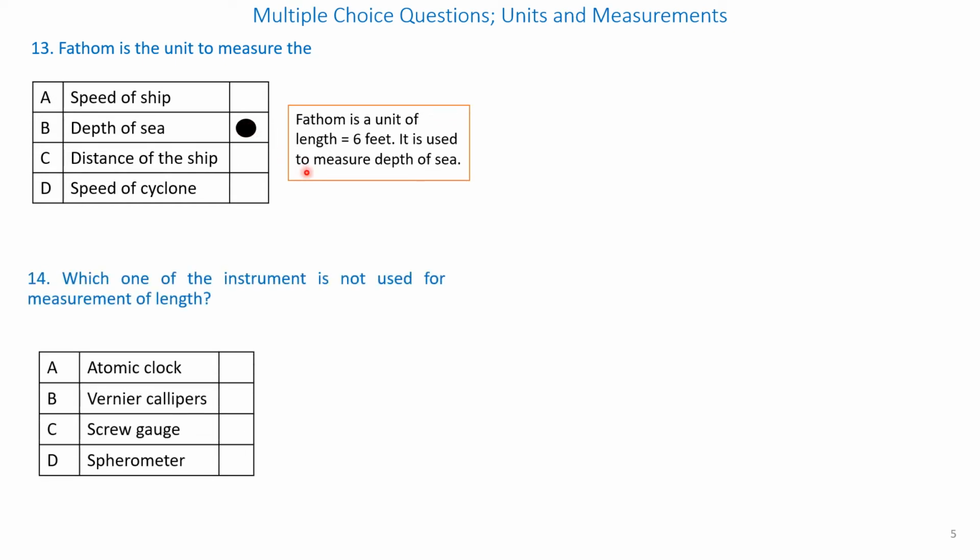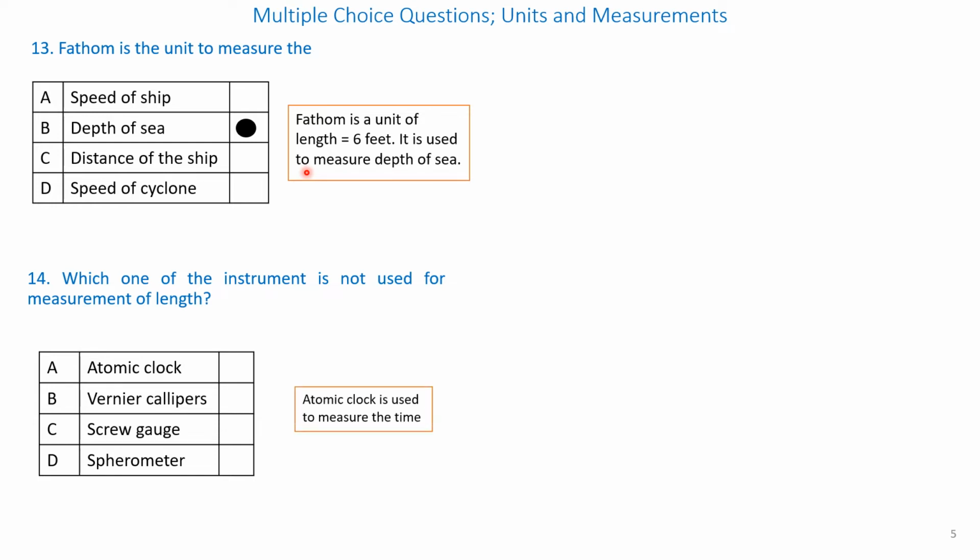Next question. Question number 14. Which one of the instrument is not used for measurement of the length? Option A, atomic clock. Option B, vernier calipers. Option C, screw gauge. Option D, spherometer.